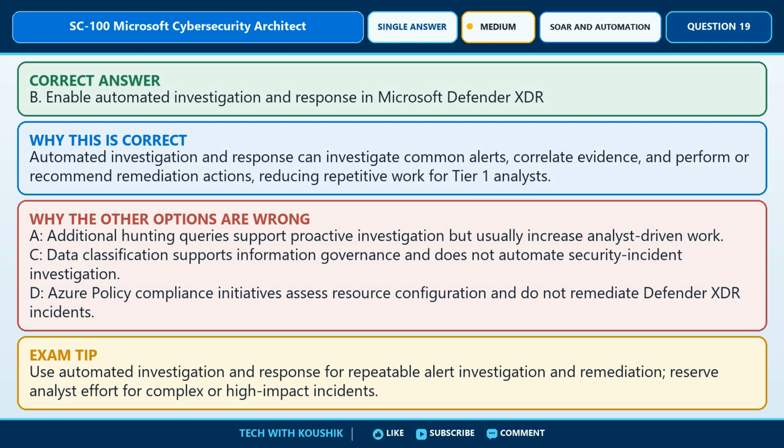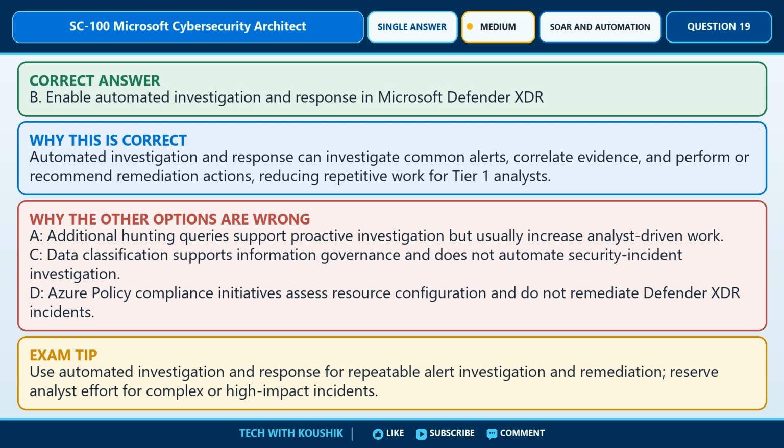Here's why. Automated investigation and response can investigate common alerts, correlate evidence, and perform or recommend remediation actions, reducing repetitive work for Tier 1 analysts. Why are the other options not correct? A. Additional hunting queries support proactive investigation, but usually increase analyst-driven work.